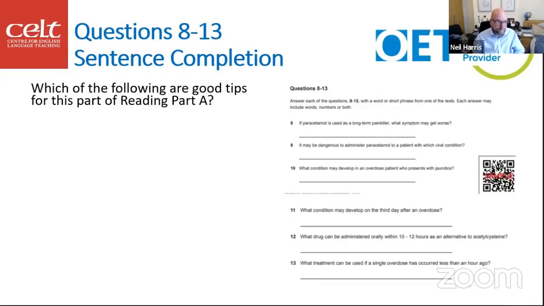I know that I'm looking for a symptom, and I'm therefore looking for a noun. And this is a really useful strategy to use when looking at these next set of questions. So with that in mind, here are some suggestions, and I'd like you to decide for the following 4 tips which ones are good tips for reading part A, questions 8 to 13.